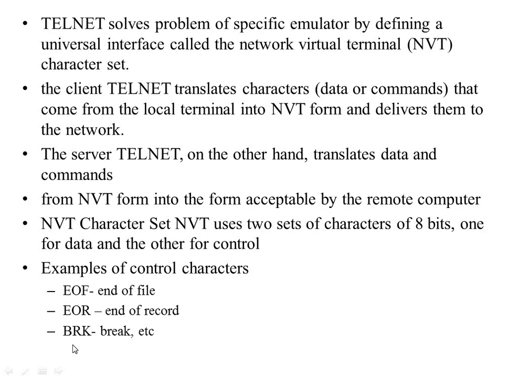There are a few more control characters. I have taken a few examples here so that you can understand how exactly the control characters are set. For the other information, you can find it through various resources, either books or the net. You just search and you will get the related information.